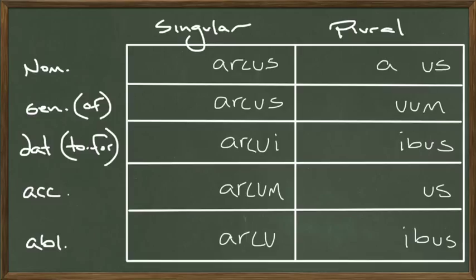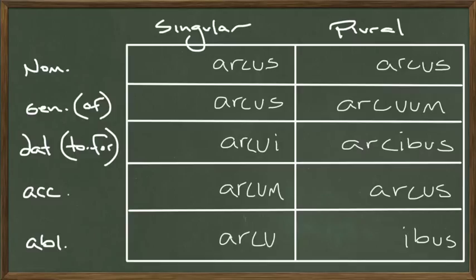Bows, arcus, of the bows, arcuum, to the bows, arcibus. C in front of an I makes a ch sound in ecclesiastical Latin, which is the pronunciation I use. In classical Latin it would just be arcibus. Arcus, the bows, so if I have several bows in my room, they're hanging up, I'm proud of them.